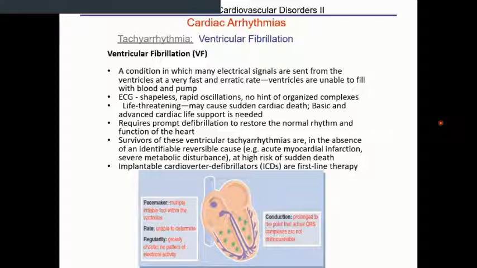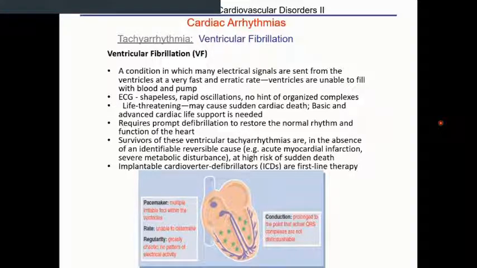This requires prompt defibrillation to restore the normal rhythm and function of the heart. Survivors of ventricular tachyarrhythmias, in the absence of identifiable reversible causes, for example acute MI or severe metabolic disturbances, are at a high risk of sudden death. So implantable cardioverter defibrillators, ICDs, are the first line of therapy.